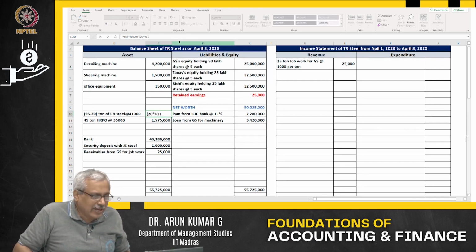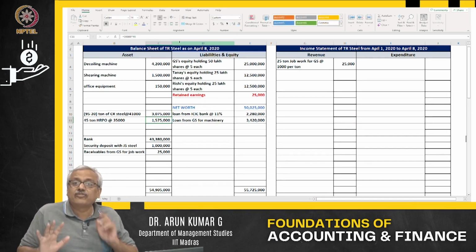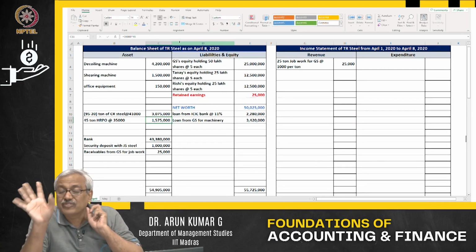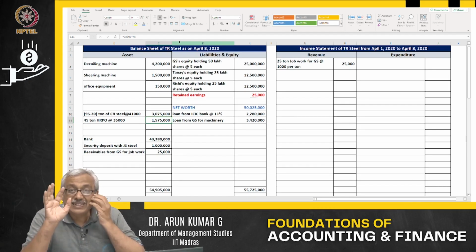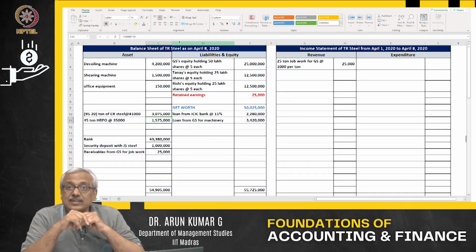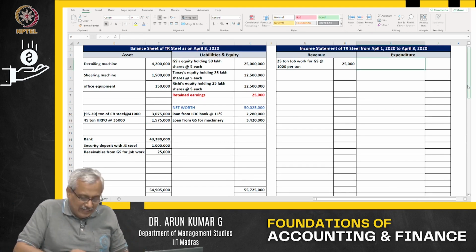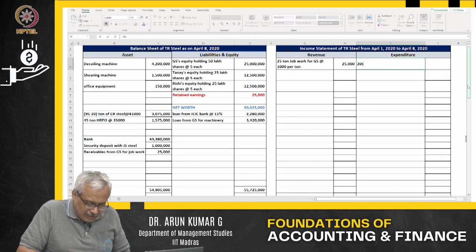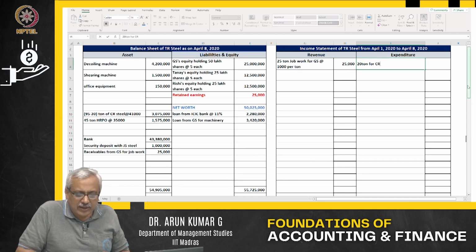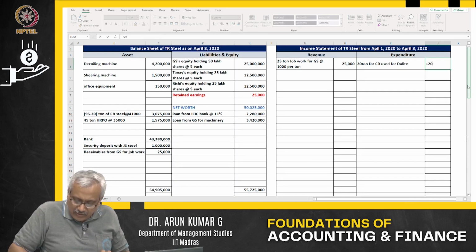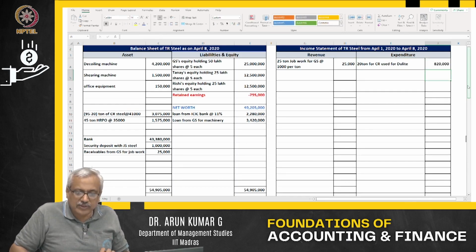How much goes away? 20 tons into 45,000 rupees per ton goes away from you. That means it gets utilized. When it gets utilized, what happens? There is an expenditure, that is 20 tons of CR used for Dulite. How much is it? 20 tons into 41,000. That's it.